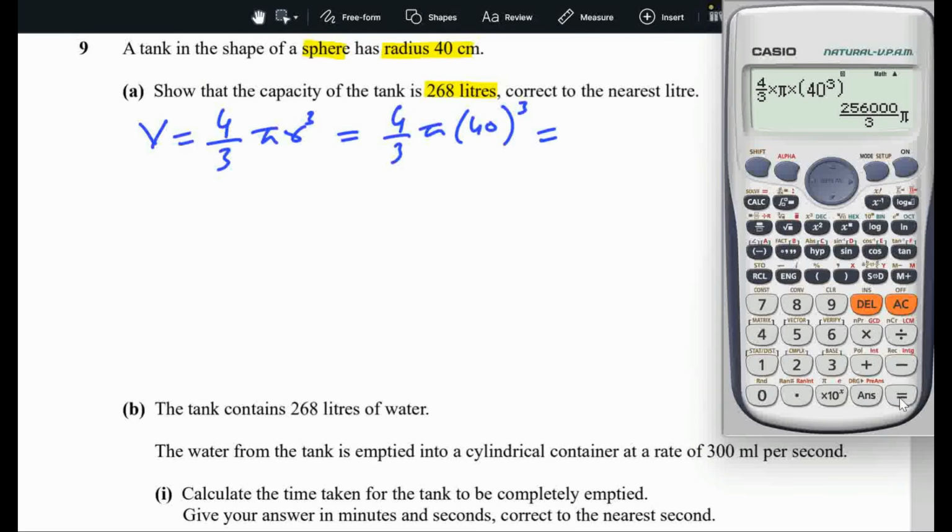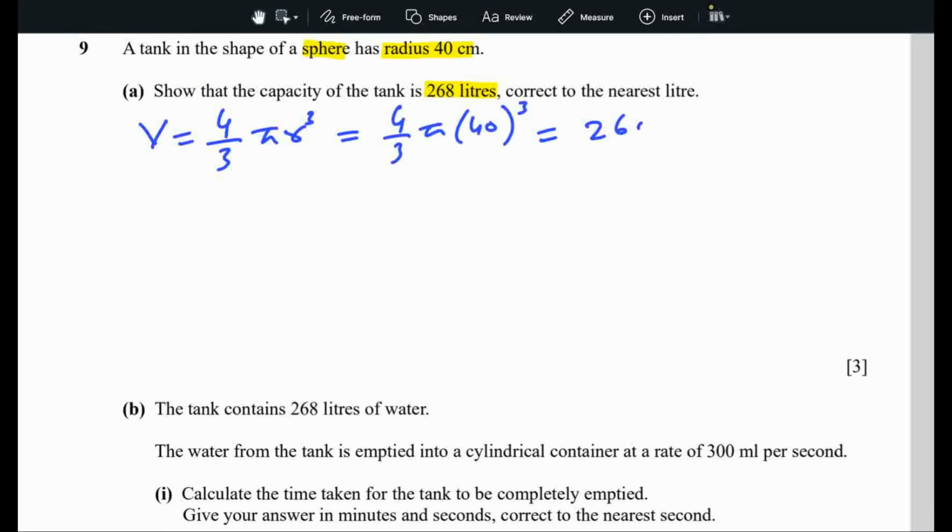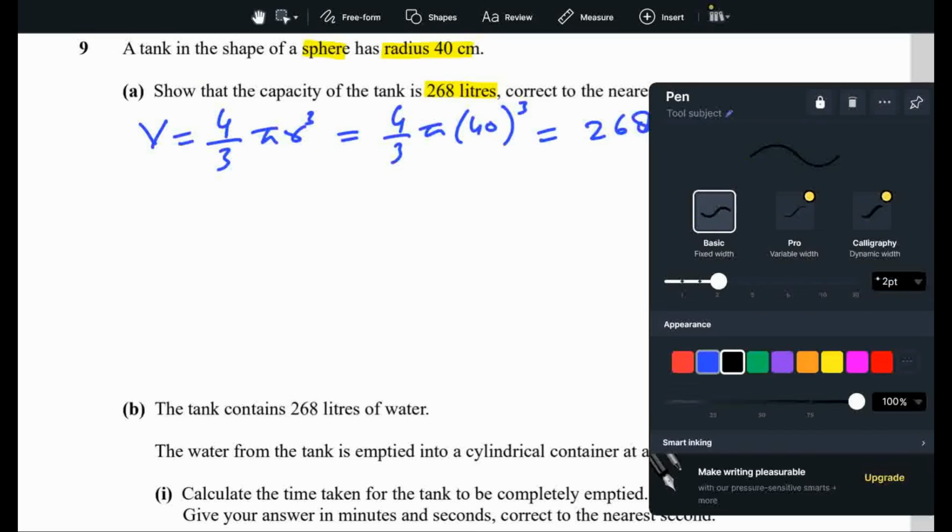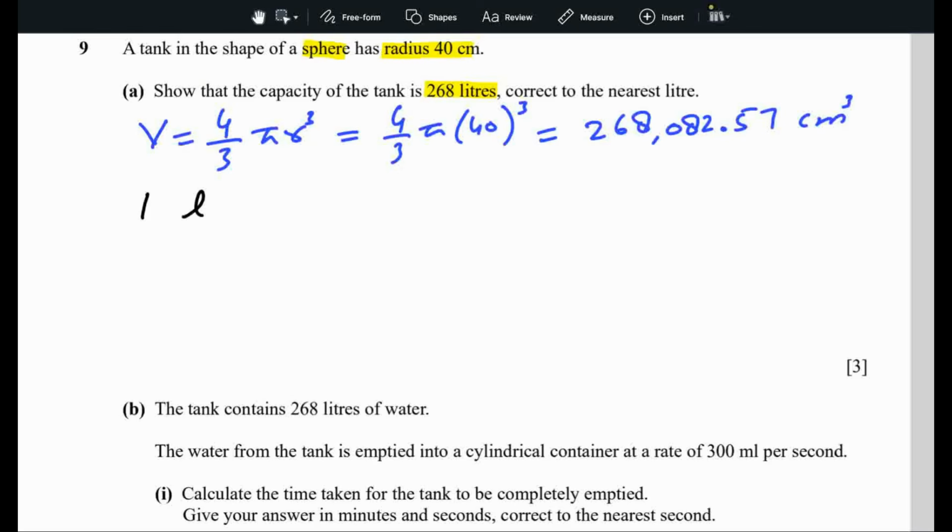So this will be equals to 268,082.57 centimeter cube. Now correct to nearest liter. So we know that 1 liter is equals to 1000 centimeter cube.